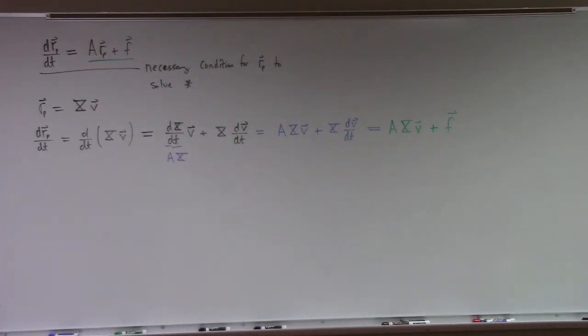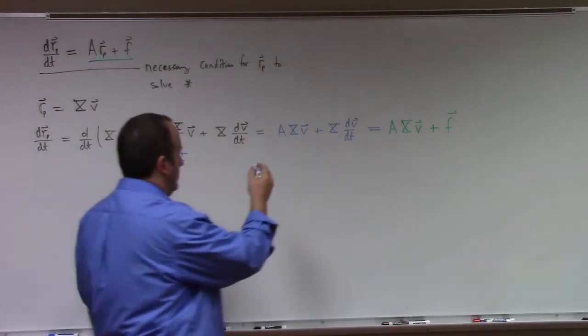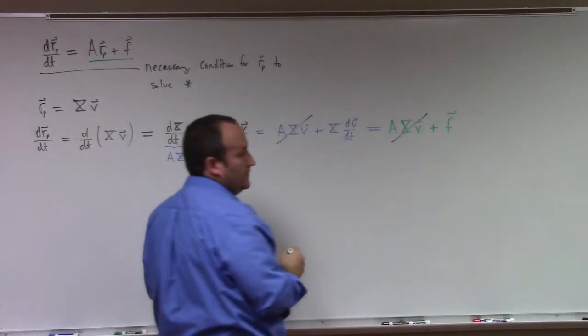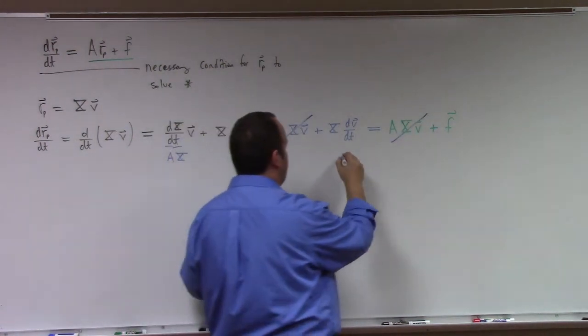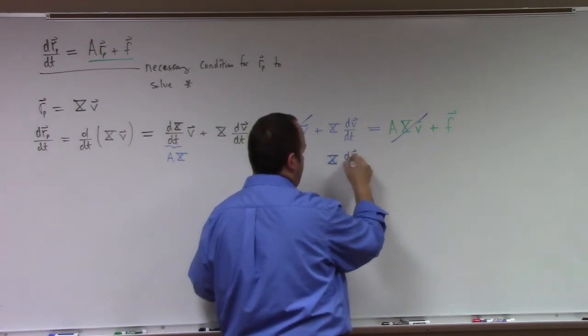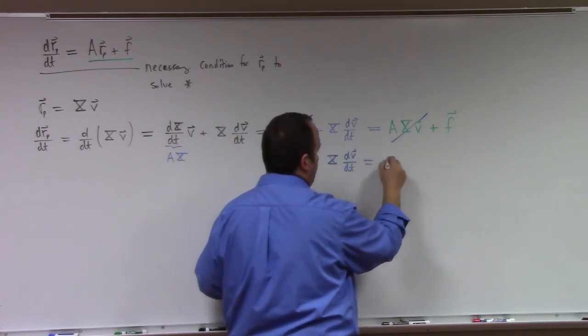So you see what happens. Right? Here we go. Cancel. And so what do we have? We have x times dv/dt equals f.